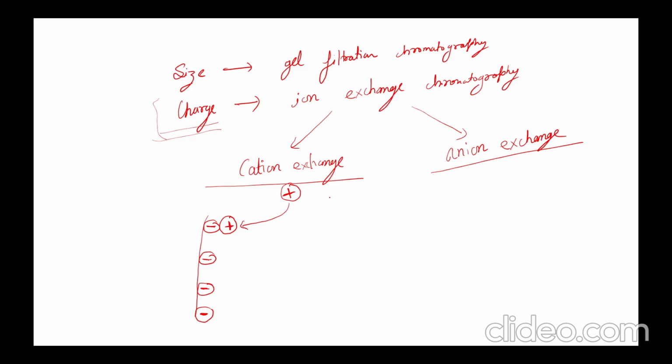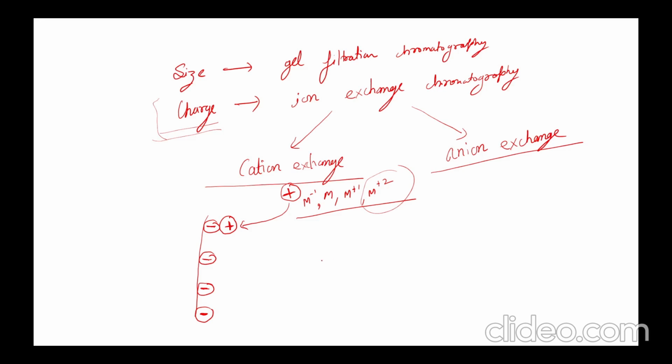Suppose you have this mixture of proteins, and your aim is to purify the positively charged protein, or this highly positively charged protein. In order to do that, you'll perform cation exchange chromatography.